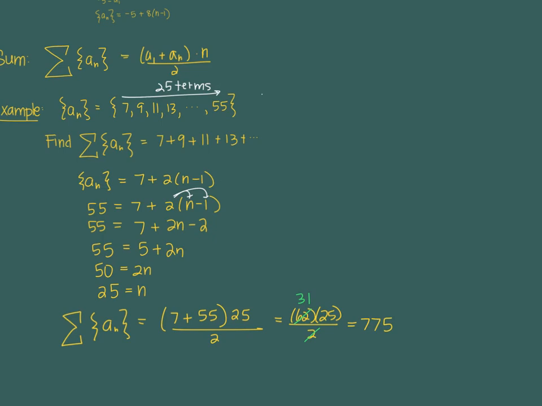If the sequence is super short, then you might as well just add them up. If there were only 5 terms, I would just add 7 plus 9 plus 11 plus 13 plus 15 and be done. But because there are 25 terms in the sequence, it's probably a toss-up as to which method was faster for me.